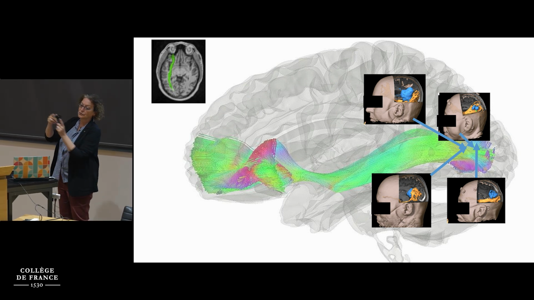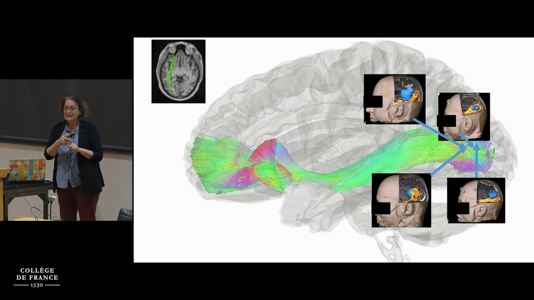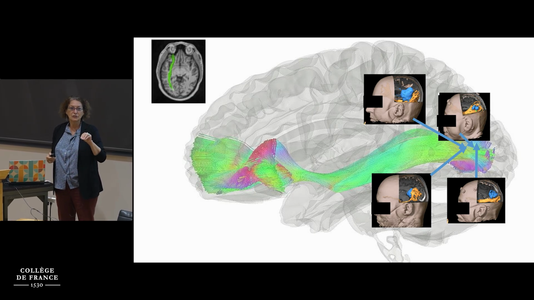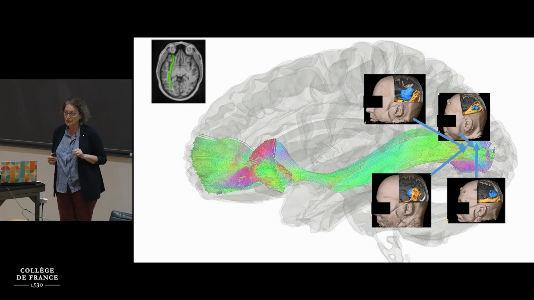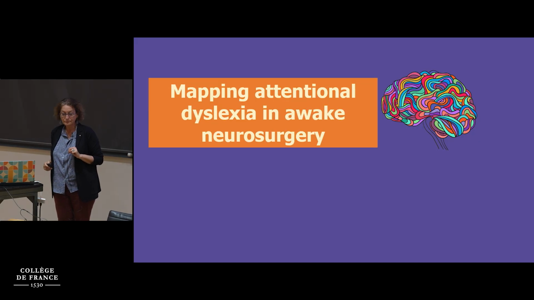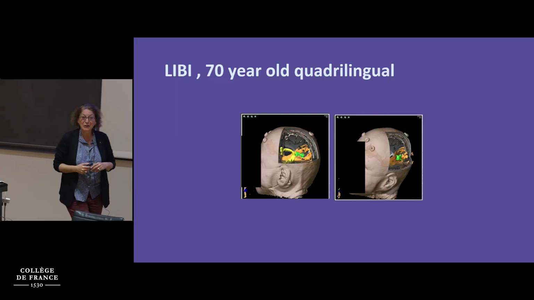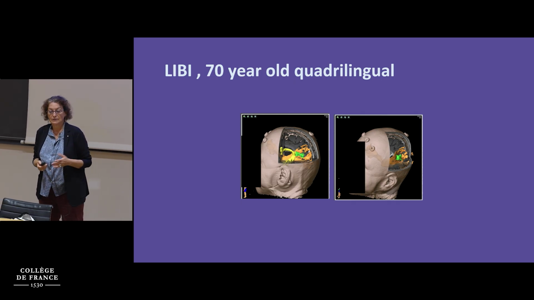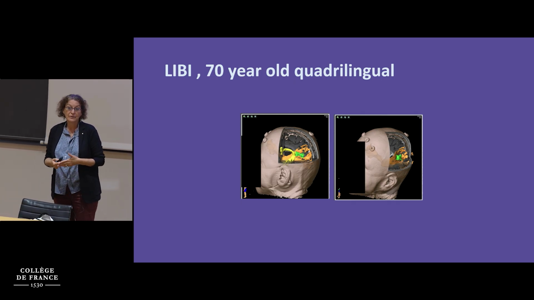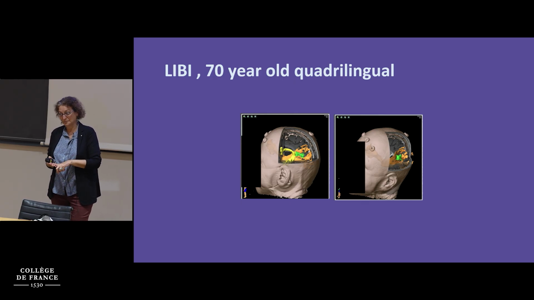Now I'm going to go to mapping attentional dyslexia during surgery, so inducing migrations between words using stimulation on the white matter tract. And I'm going to tell you about Libby, a lovely person with a tumor. She's quadrilingual, so she spoke French and German and English and Hebrew.